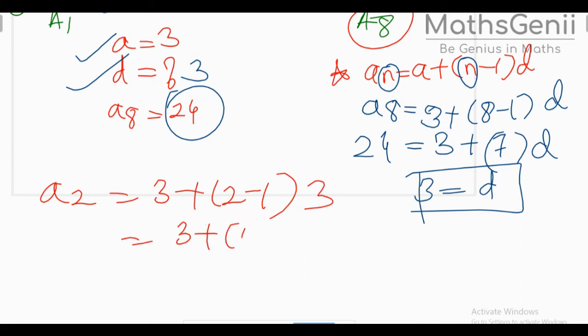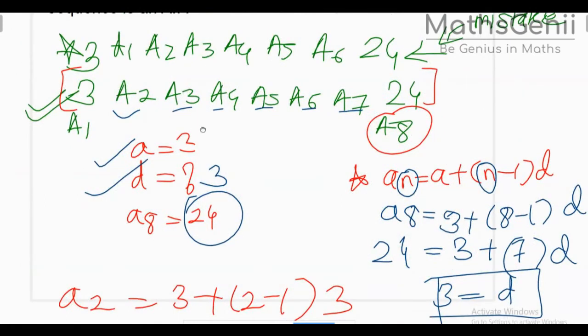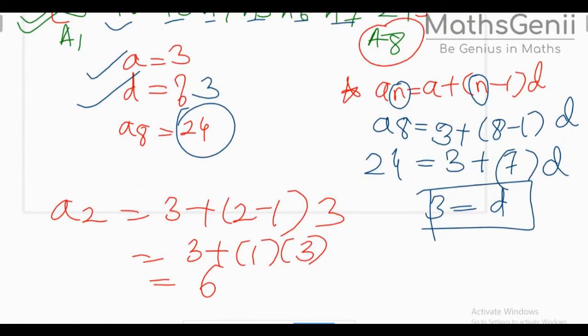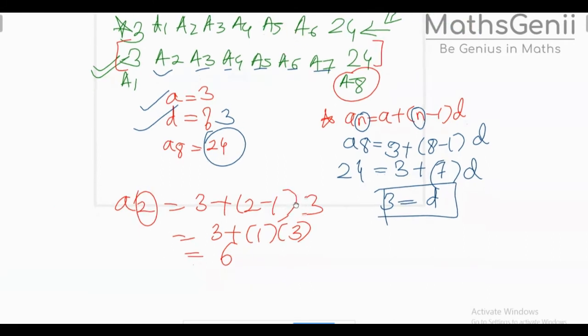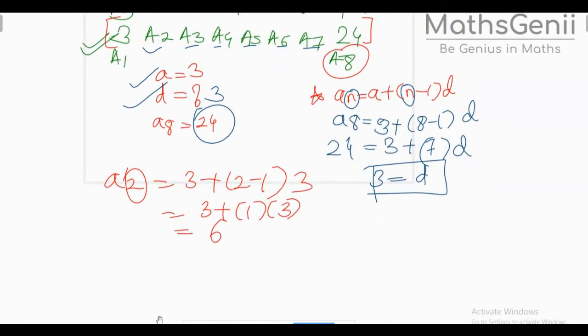So you will get it as 6. So your second term is 6. Similarly, put 3 here for A3. Put 4 here for A4, 5 for A5, 6 for A6. And that is how you will get the entire series and you will have your answer.